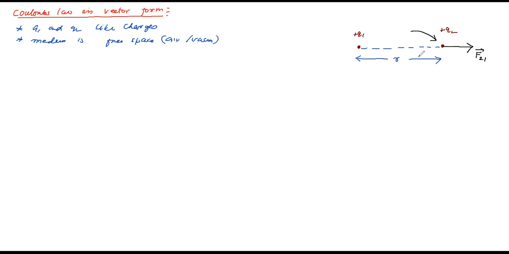In the same way, charge q2 will also exert a force on charge q1, and the force will be repulsive again. I'll denote it as f12, which means force on charge q1 due to charge q2. Let me write whatever I've explained in language here, so that you can jot it down in your notes.